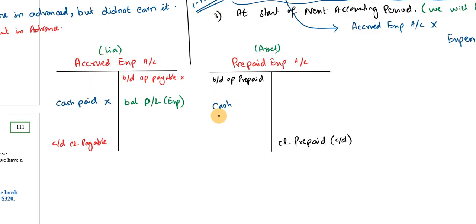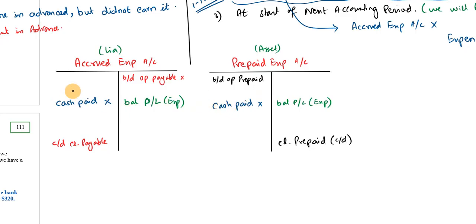So cash paid will be written here, and the remaining amount, the balancing amount, will go to the profit and loss account as an expense.